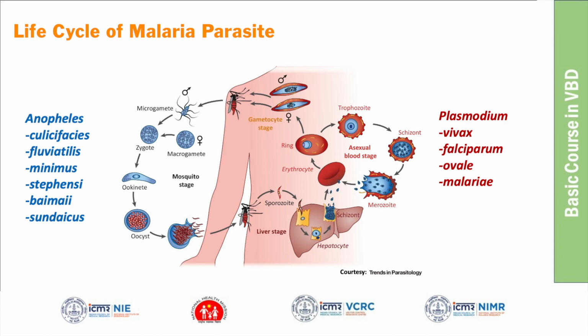A true vector is involved, only one host, and of all these 4 species. There is also a 5th species now, Plasmodium knowlesi. Plasmodium knowlesi is found in large numbers in humans in Malaysia, and occasionally they have been reported in India, in the Andaman and Car Nicobar Islands, and also in the northeastern states.